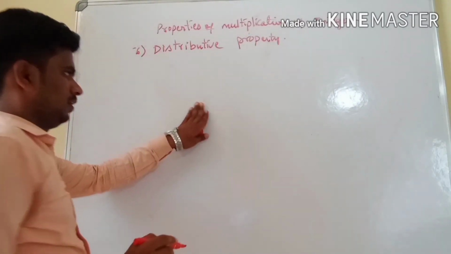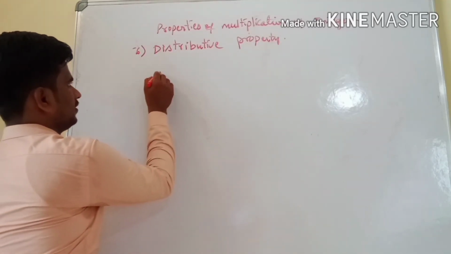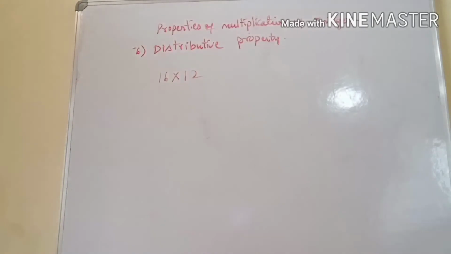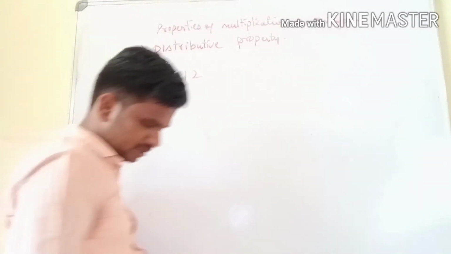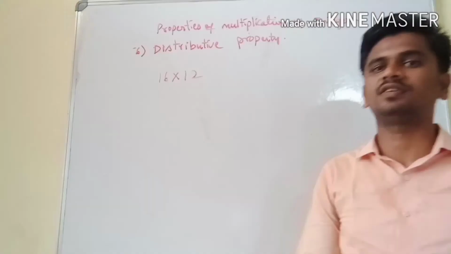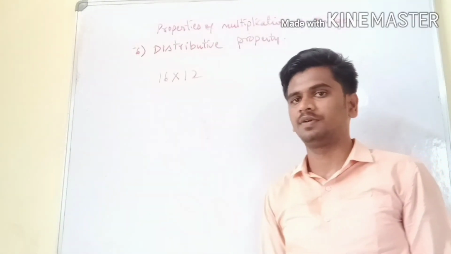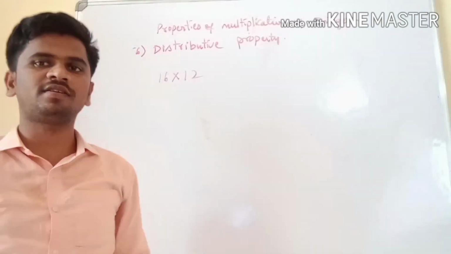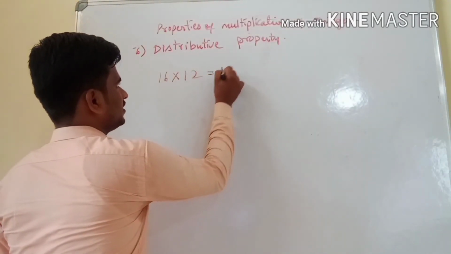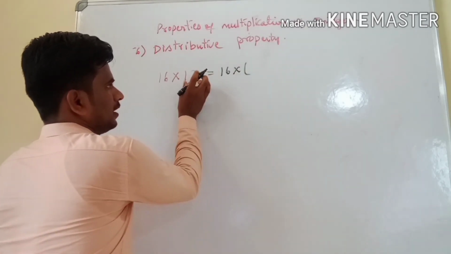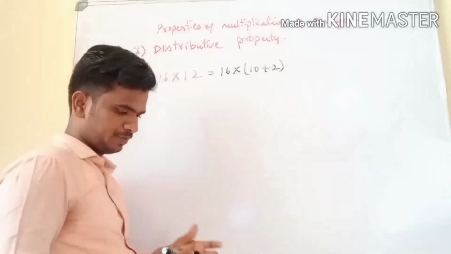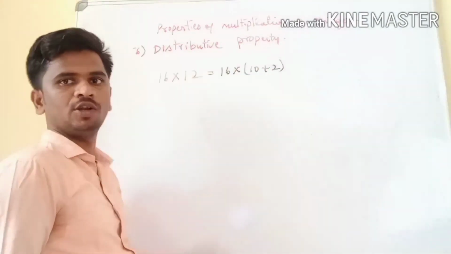See, suppose there is a product 16 into 12. Sometimes they will give some large numbers. In such cases, this property is very useful. Here I have considered the product 16 into 12. Instead of writing this, I will write 16 into (10 plus 2), because 10 plus 2 is nothing but 12.